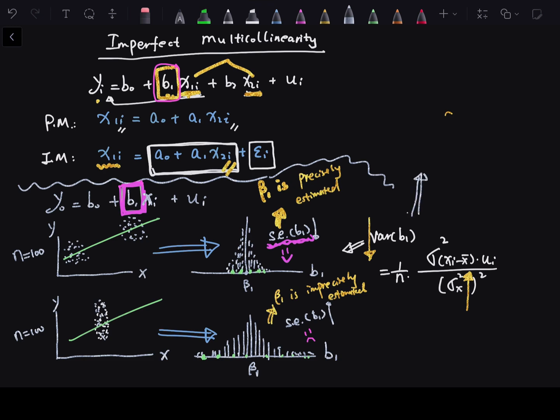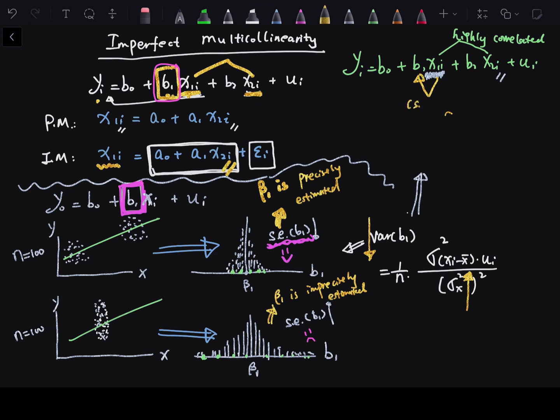And then you look at this regression with two regressors. So y equals b0 plus b1 x1 plus b2 x2 plus error. If there's imperfect multicollinearity, in other words, x1 and x2 are very highly correlated, that means when one variable is held constant, there's very little variation in x1, which will result in a large standard error of B1.